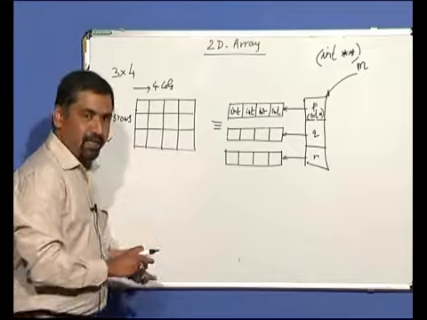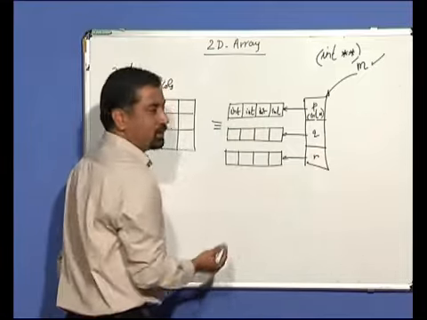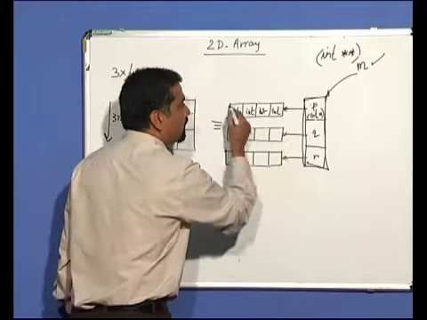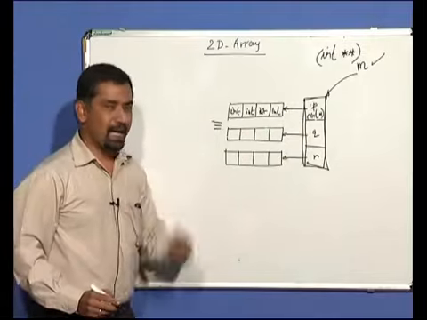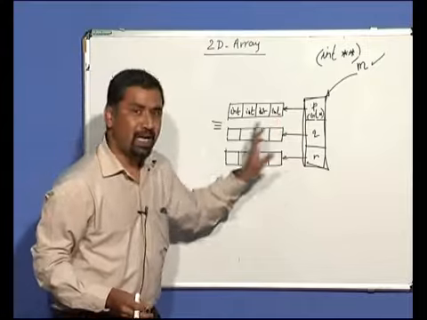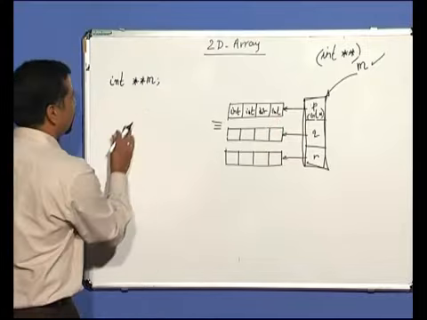Now when we allocate, we come backwards. First we allocate this, then we allocate this array, then to each one of these pointers we allocate these one-dimensional arrays. First step is declaring m. Next step is allocating for this array. Mind it, it is an array of not integers but integer pointers. So how do we do that?